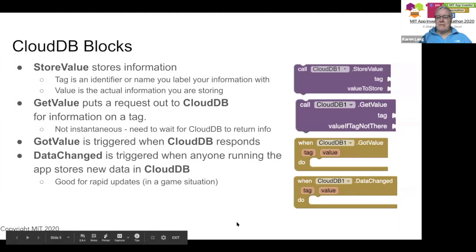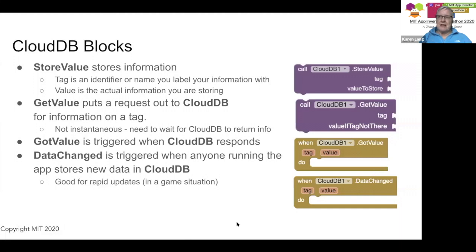Once CloudDB returns the value, realizing that you're actually going out to the internet to get that information, it might be a time lag of a few seconds. Once CloudDB has that information, it sends it back to you, and it tells you the tag and the value, so you can check that you've got the right tag, and then you can grab that value.